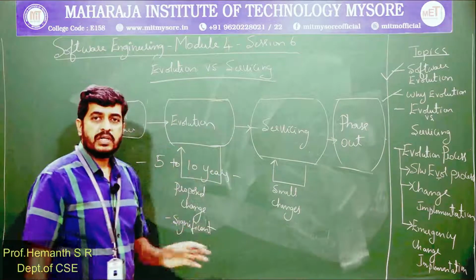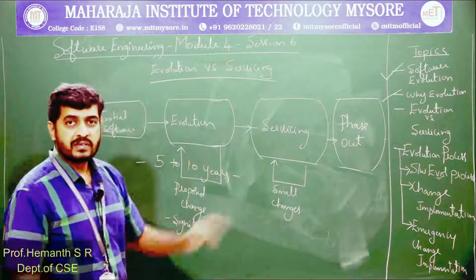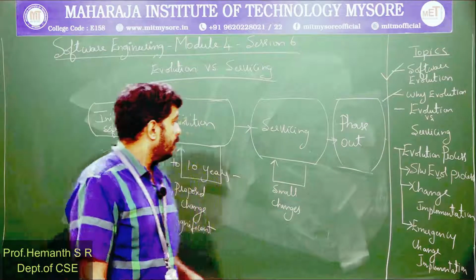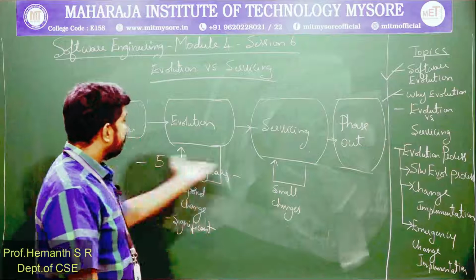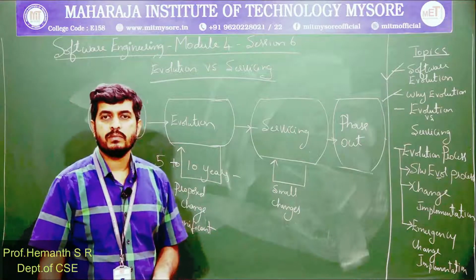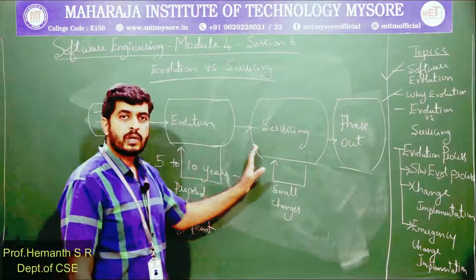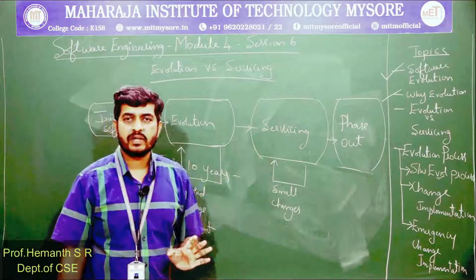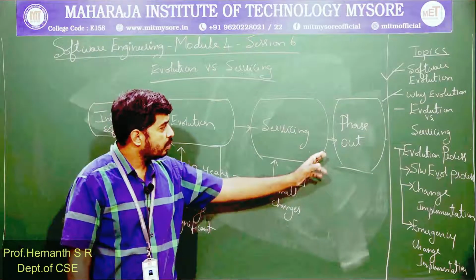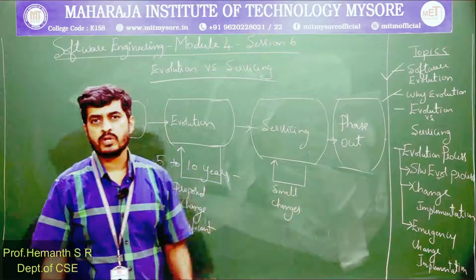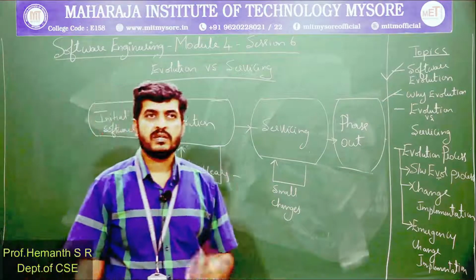So we understood the difference between evolution versus servicing. Okay. So also we understood the timeline of evolution, till the point where the software will be replaced with a completely new software, which we call as phase out.